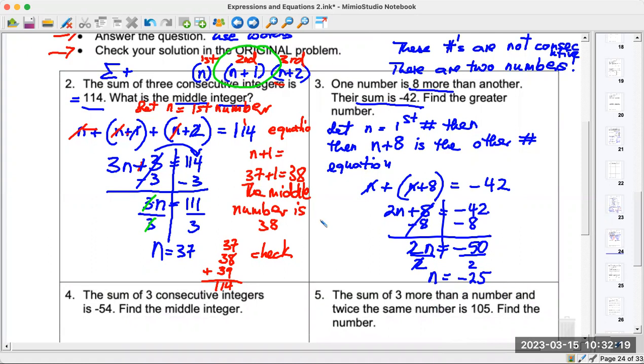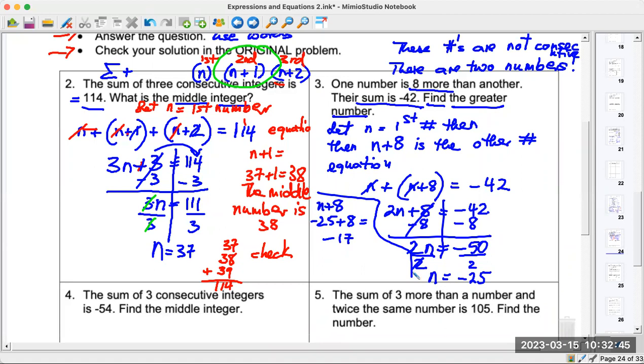So it says find the greater number. Okay, so n plus 8. So I'm going to make me a little alcove here. N plus 8 is negative 25 plus 8, which is negative 17. That's why we know how to add and subtract integers.